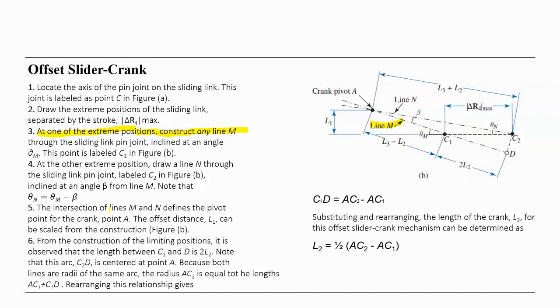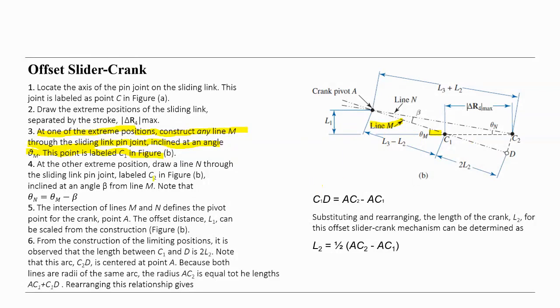From C, construct any line M through the sliding link pin joint inclined at any angle theta m. This angle here you can select.